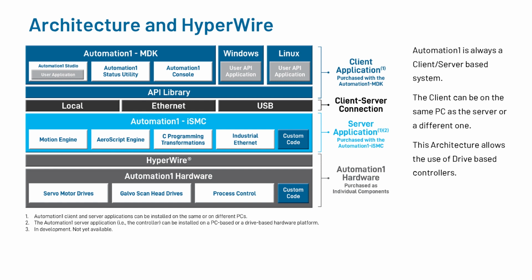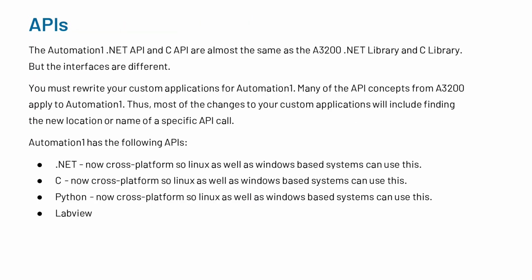Of course, we also have our APIs. Now, much like A3200, Automation1 has a wide variety of APIs. On Automation1, the .NET and C APIs are almost the same as A3200. Feedback from customers recently has said it's been very easy to migrate these over. Many of the commands are very similarly named. The main thing is that the precursor, rather than saying A3200, will say Automation1.